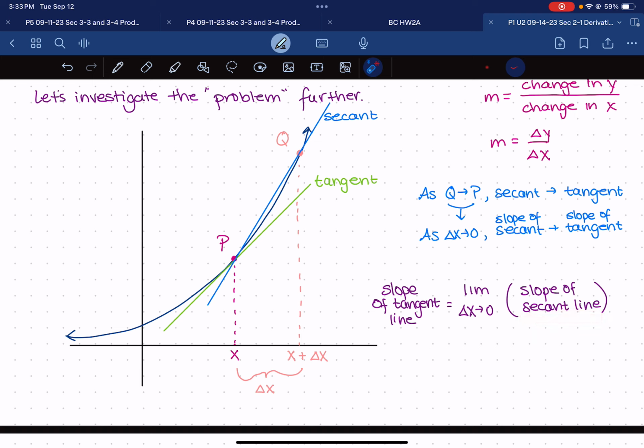And we have 2 points. If we have 2 points, we can just plug them into our formula. So let's now also come up with coordinates for these points.